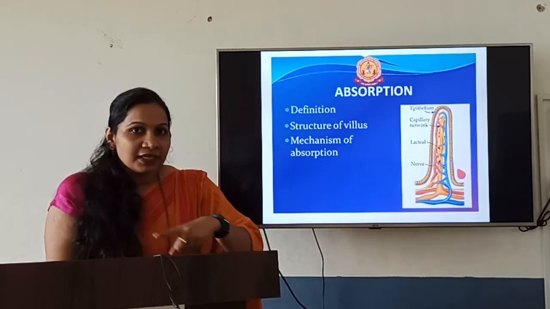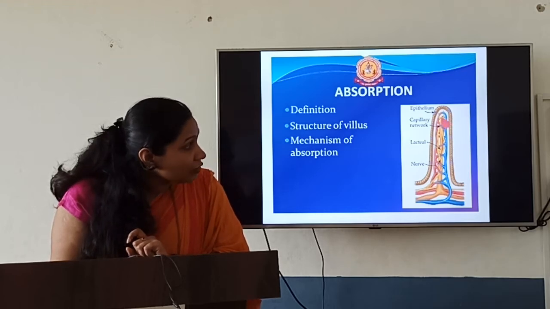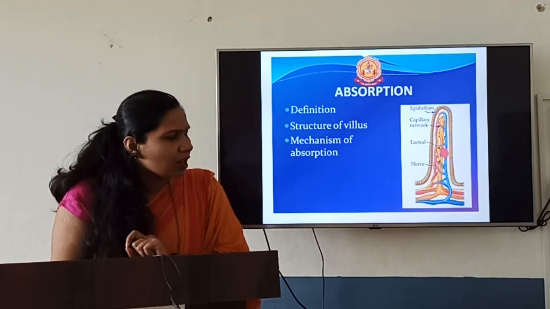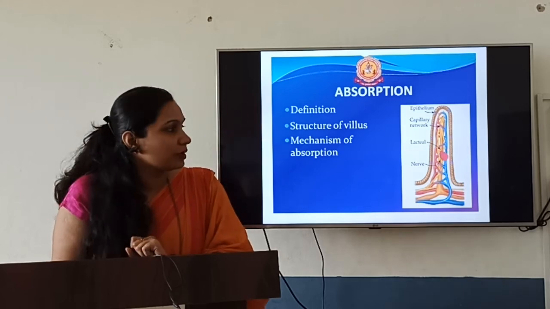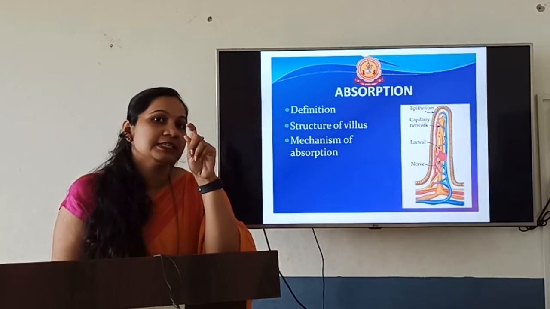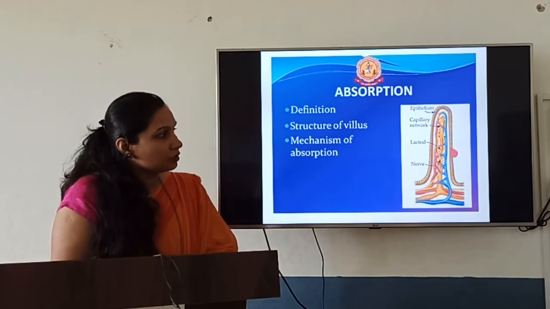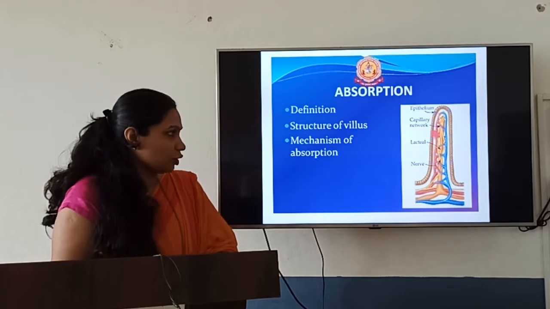They combine with the chyle and form chylomicrons, which are absorbed by the lacteal. Why don't blood vessels absorb these? Because the droplets of fat are larger than the blood vessels, so they will not absorb them.